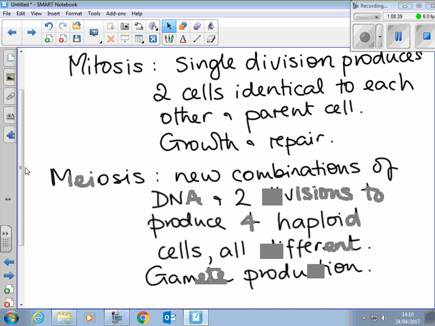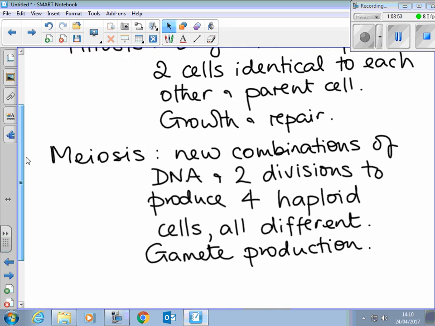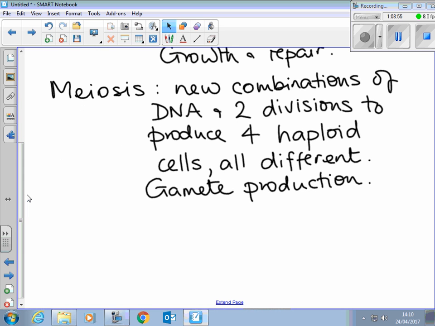In the first one, it's obvious, because if you're going to start with one cell and you want to produce 2 identical cells from that, well, you've got to make a copy of the DNA to go into each new cell. For the second one, it's not so obvious because we're reducing the number of chromosomes. Your first thought would be, right, if you've got one cell and you want to make gametes out of that cell, well, you could just half it and send a single chromosome to each of the new cells.